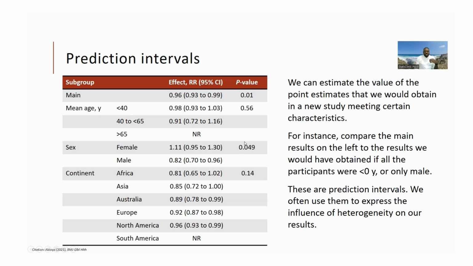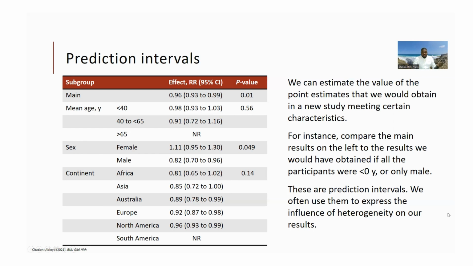So typically what we do is that we will start with the meta regression and we'll generate the p-value. We'll see that, oh, the p-value for meta regression is 0.049. And then we might look at the prediction intervals for that particular characteristic. Alternatively, we can decide that we will generate the p-value for meta regression, but we would also generate the prediction interval regardless.